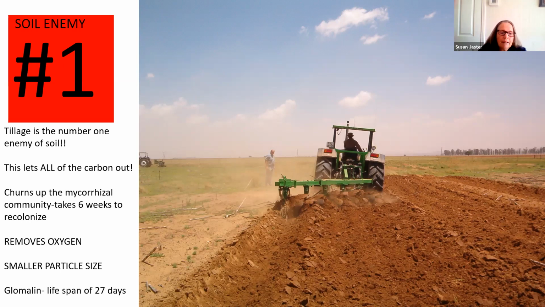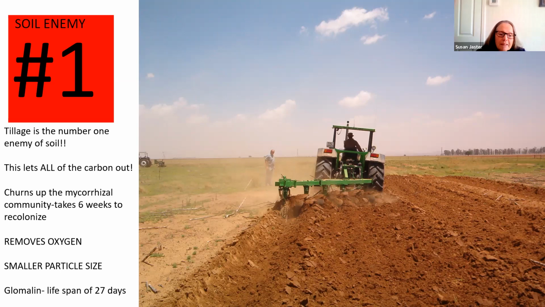And the sticky part of the covering on roots comes from the plant producing the sugar, and the glomalin is that sugar. And that is what feeds the mycorrhizal fungi.